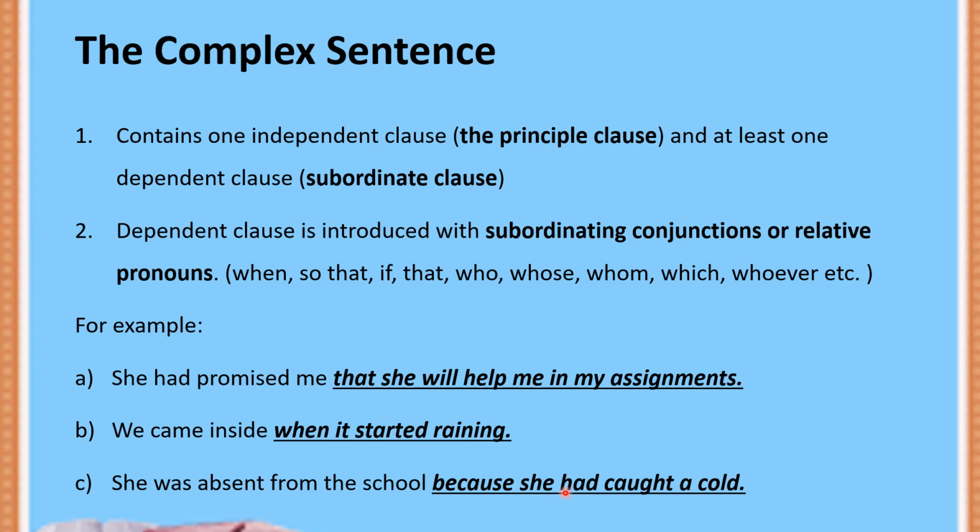And here, because is the subordinating conjunction, and this clause cannot stand alone on its own, while the first clause can stand on its own. Note that a complex sentence should have at least one independent clause and one or more dependent clauses.